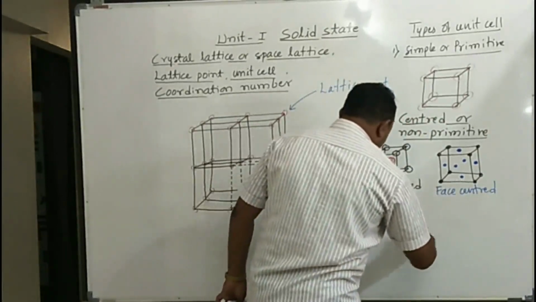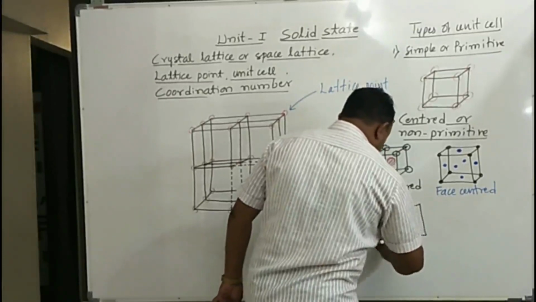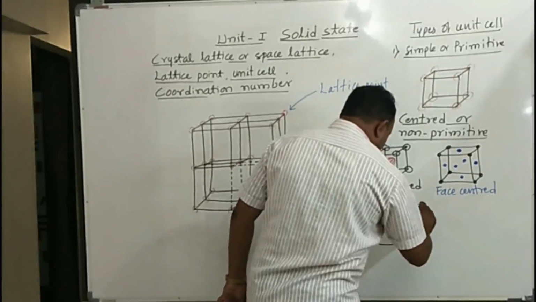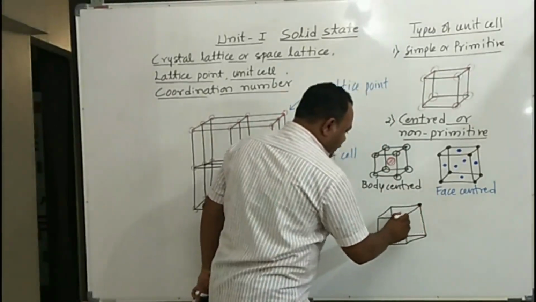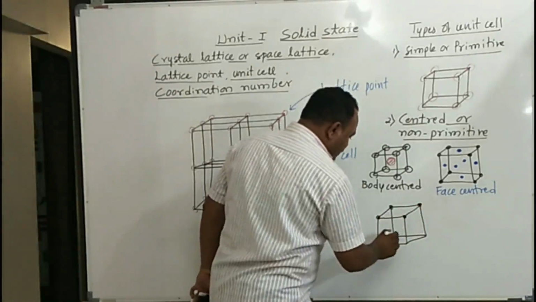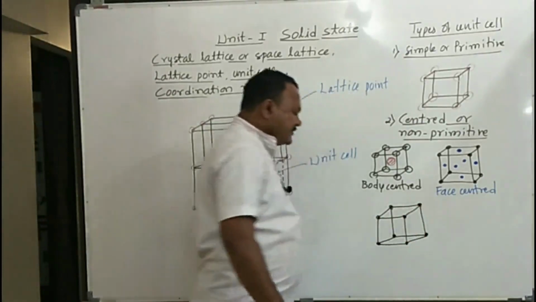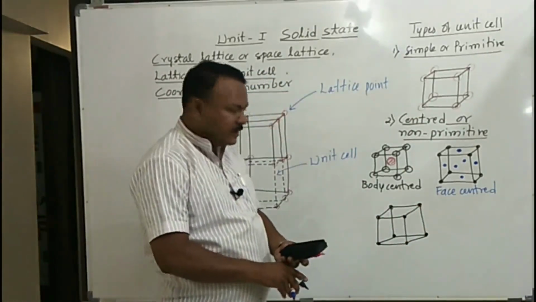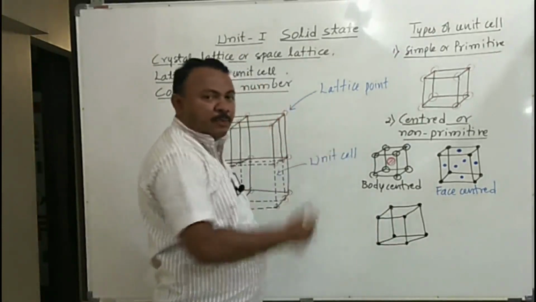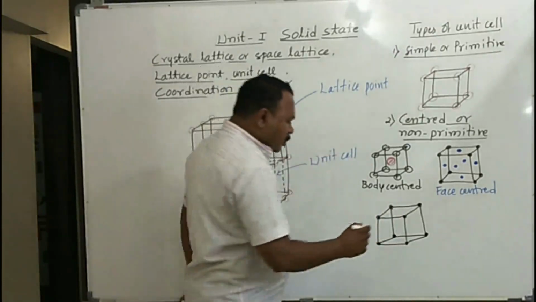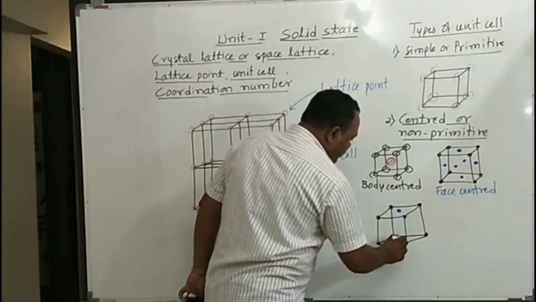Now the last one. Consider any two opposite ends of the unit cell. So this is the unit cell and all these are the corner particles. Now consider any two opposite ends: top end and the lower end, right, left, end in the board, end towards us. I am going to consider the top end and the lower end.